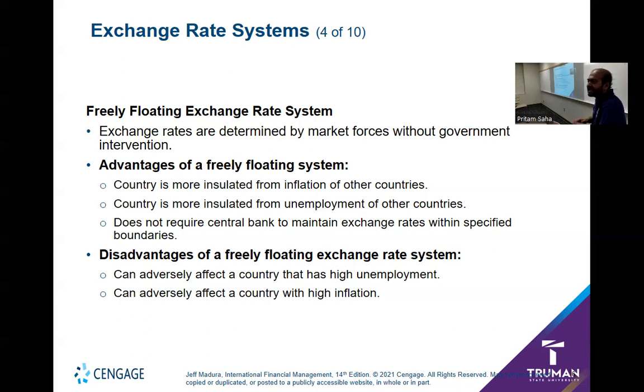Other than that, other than MNC is scared, MNC is anxious about management, their risk exposure due to currency is gonna change, exchange is gonna change. Other than that, is there any other problem? If the exchange rate between USA and Mexico freely float, is there any other problem?